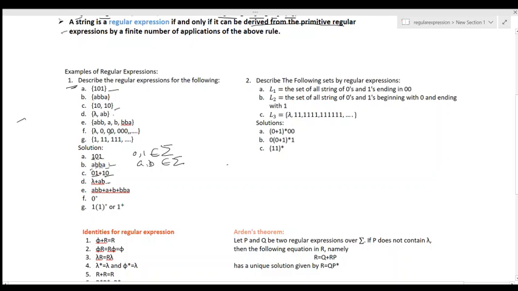In this string we have lambda and then AB, so similarly we can write lambda plus AB as a regular expression. For this problem there are 4 types of strings, so we use a plus sign for each of the strings, and you can say R1, R2, R3, R4, all combined is known as a regular expression again.